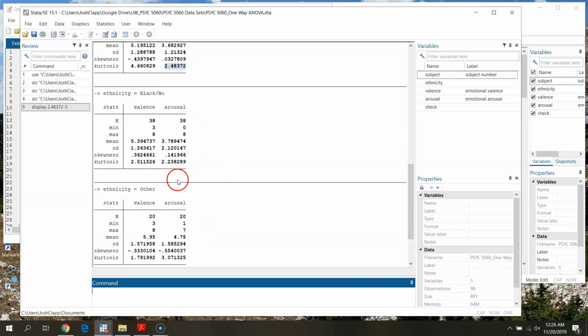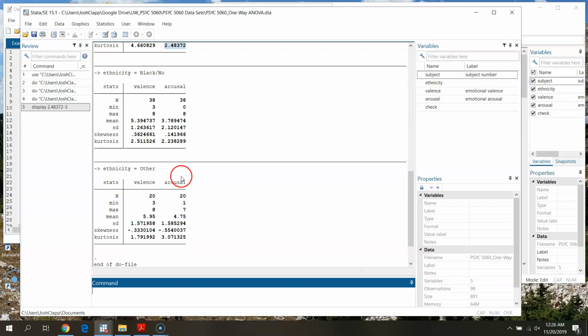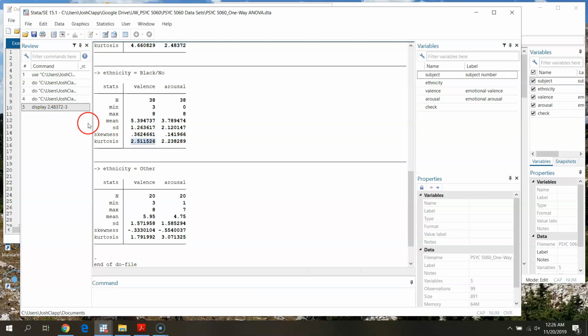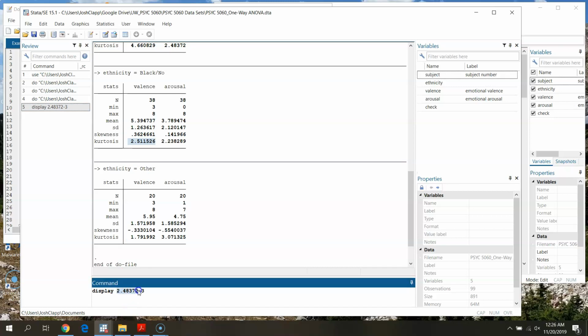Same thing if we go to black non-Hispanic, 38 individuals. Everything looks to be in range. Skew looks fine for both valence and arousal, and kurtosis looks all right too. 2.51, 2.24. Again, if we wanted to get exact values, and we will, we can just hit that, and that will pop up our last command down here in our command log.